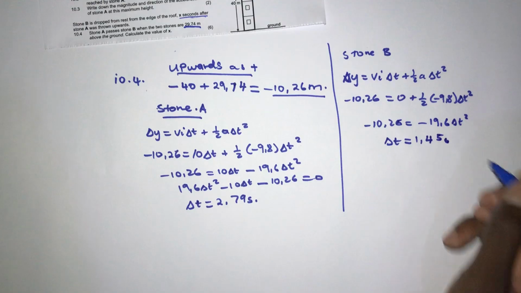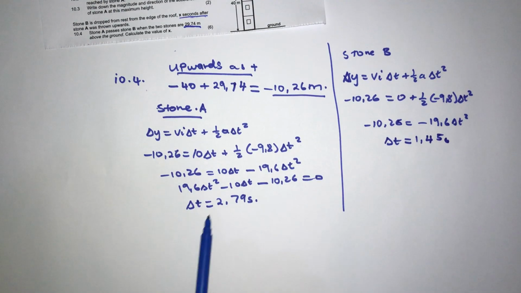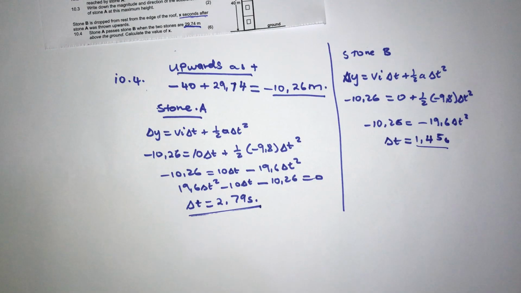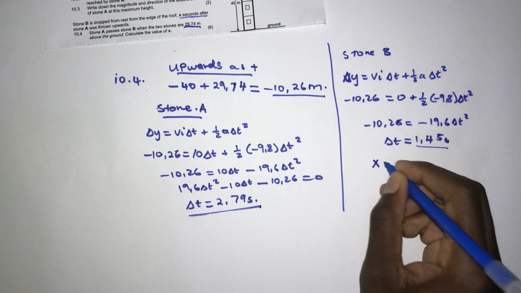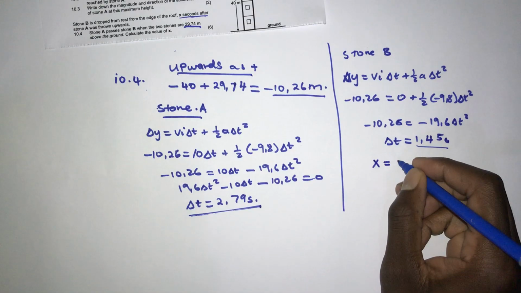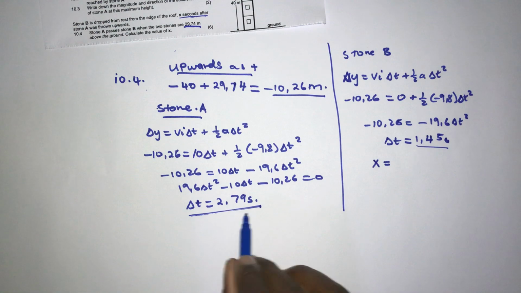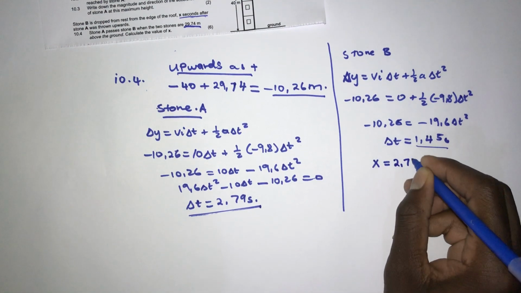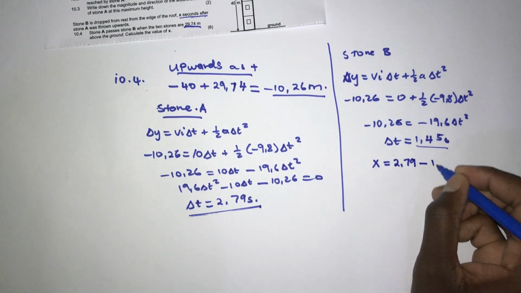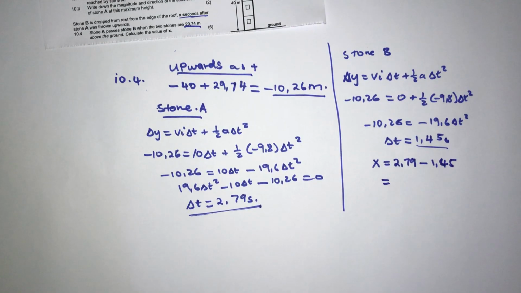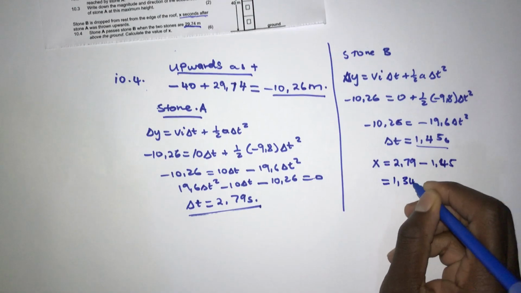1.45 seconds. Now we have this time for stone A and this time for stone B, so we want to know when stone B was projected. The value of X is equal to the time for stone A, which traveled 2.79 seconds, minus 1.45, and that gives us 1.34 seconds.